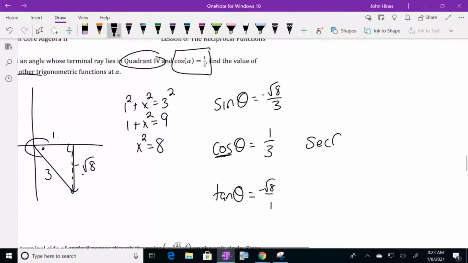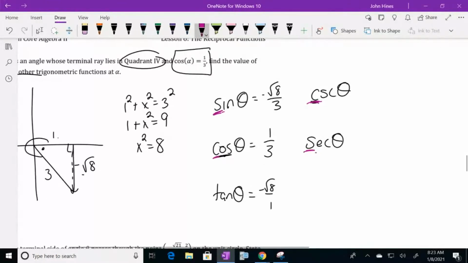Cosine gets secant. Notice, cosine and cosecant do not go together. Notice the front letter changes. When you take the reciprocal, the front letters don't match up. The S's don't go together, the C's don't go together. So cosecant goes with sine, secant goes with cosine.